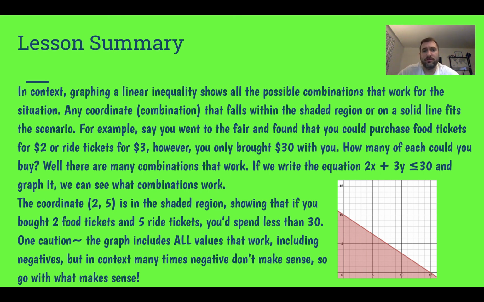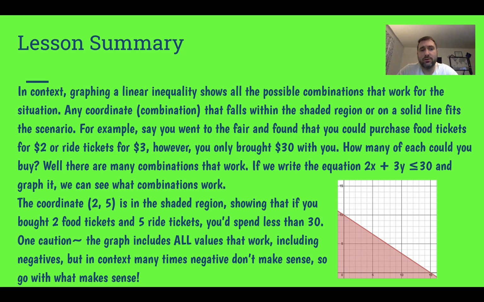So for example, if you went to the fair and found you could buy food tickets for $2 or ride tickets for $3, but you only brought $30 with you, you wanted to figure out how many rides you could go on, how much food you could buy. There are different combinations for each. If you wrote that inequality, such as 2x + 3y ≤ 30, the shaded region would tell you all your possible combinations.